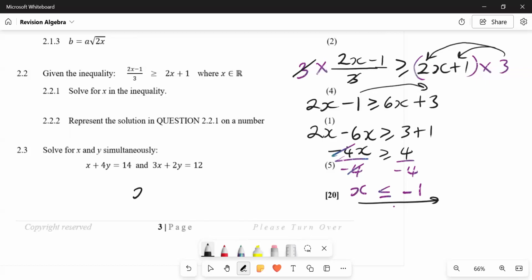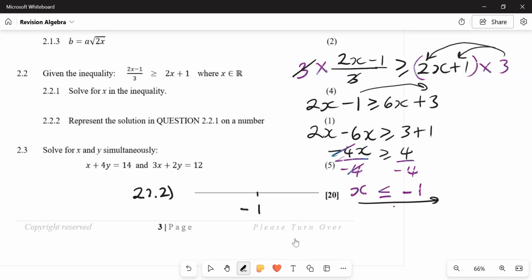And then now 2.2.2. They're saying represent the solution in question 2.2.1 on a number line, right? So now how do we do that? Through a number line, critical value, that's -1.